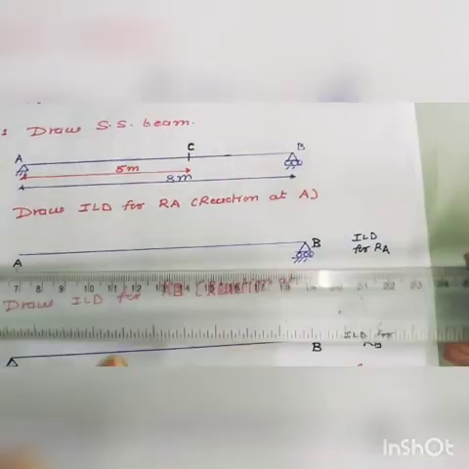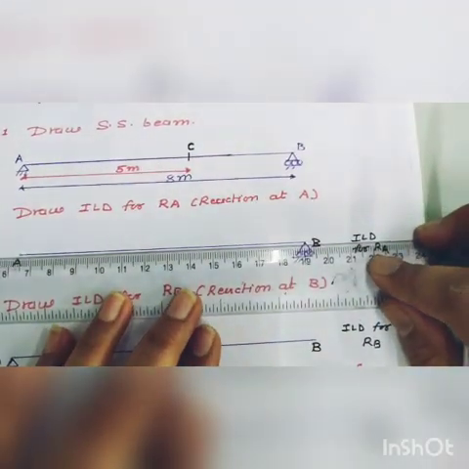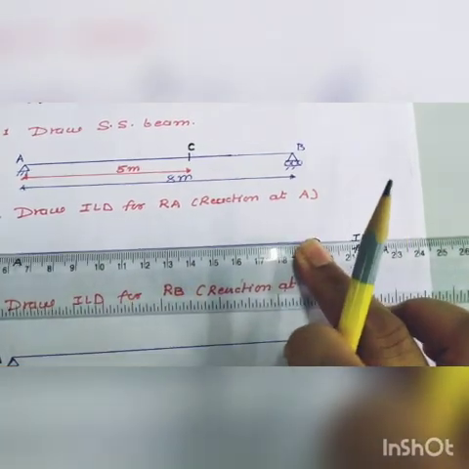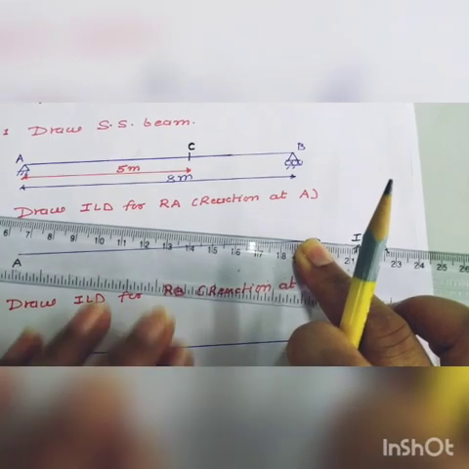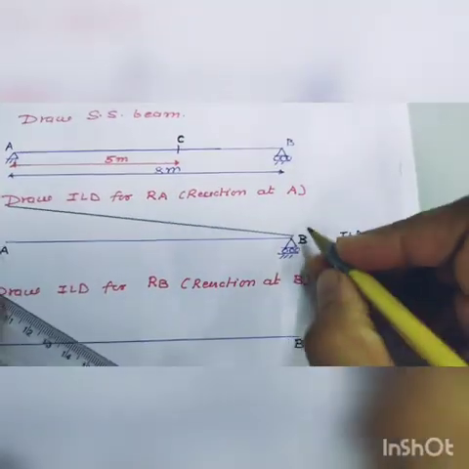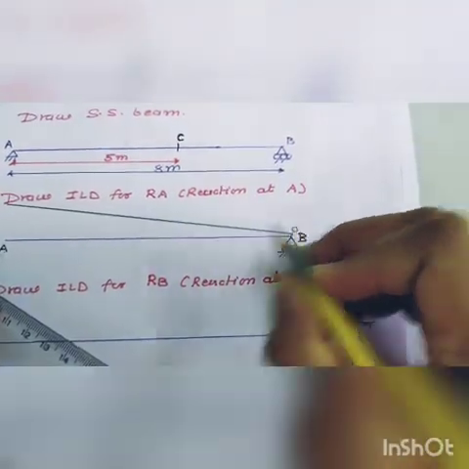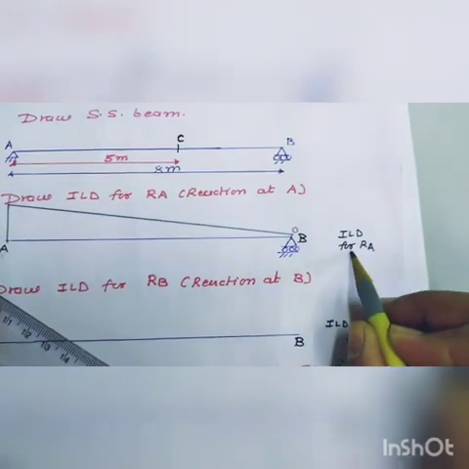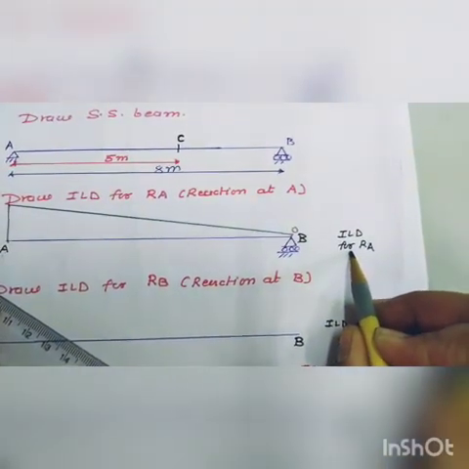When we apply the vertical force, support B remains as it is, support A goes upward, and when we draw a line, it looks like this. At support B, the value is 0, and at support A, the value is 1. So this is the influence line diagram for RA.